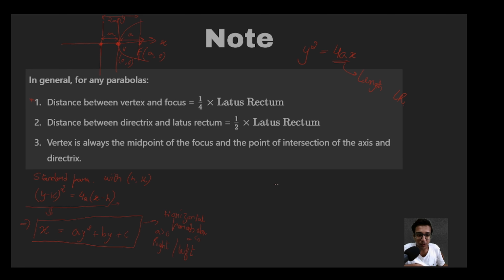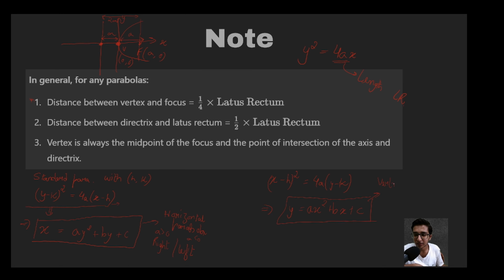Now let's say if I was to take up the vertical parabola and its standard formula. It would be x minus h whole square would be equal to 4a into y minus k. So again, I can write this down in the form of a quadratic as y is equal to ax square plus bx plus c. Now what is this?